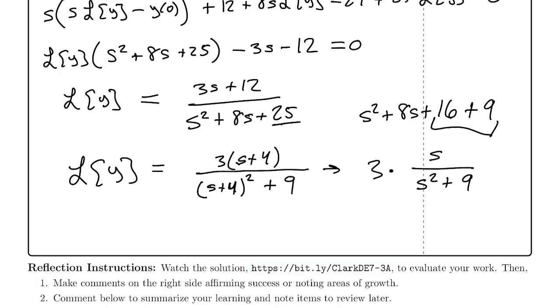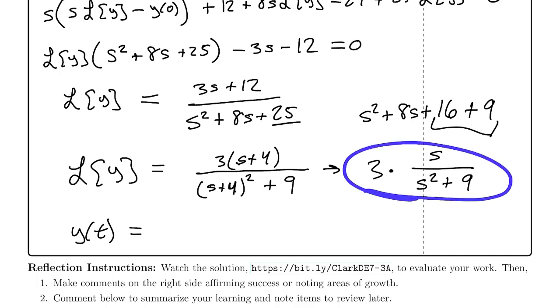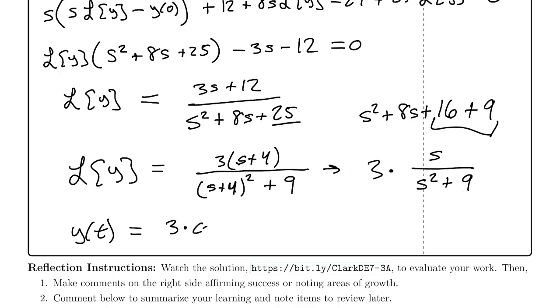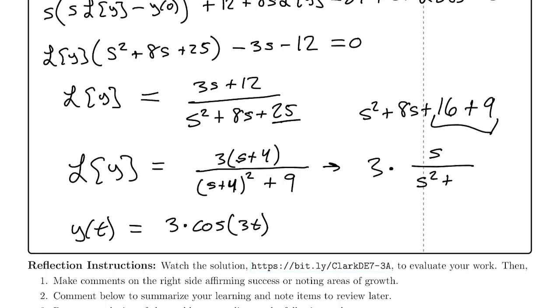And if we really did have 3 times s over s squared plus 9, then the solution would be 3 times cosine of 3t, because 9 is, of course, 3 squared.